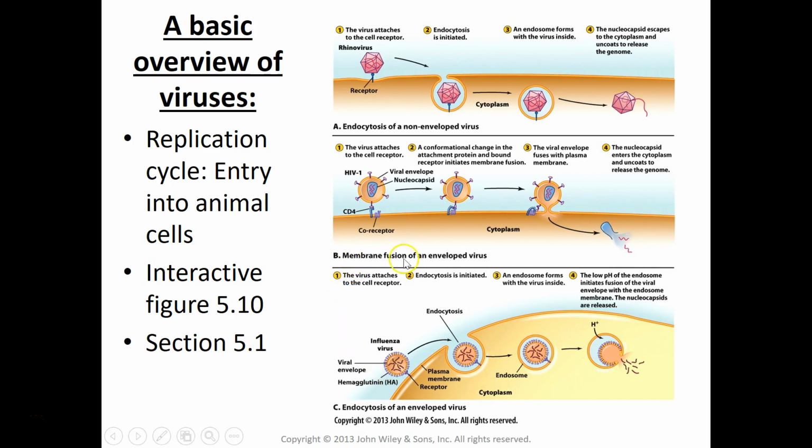Or, for enveloped viruses, the envelope itself can fuse with the cell's membrane, and the nucleocapsid, the nucleic acid and protein, can enter right in. So two possibilities for enveloped viruses, and really only one possibility for non-enveloped viruses, just endocytosis.